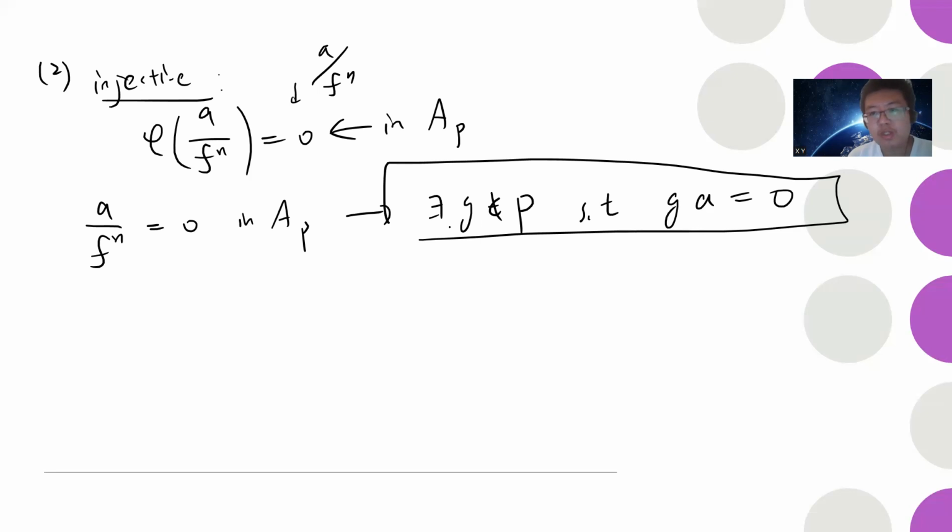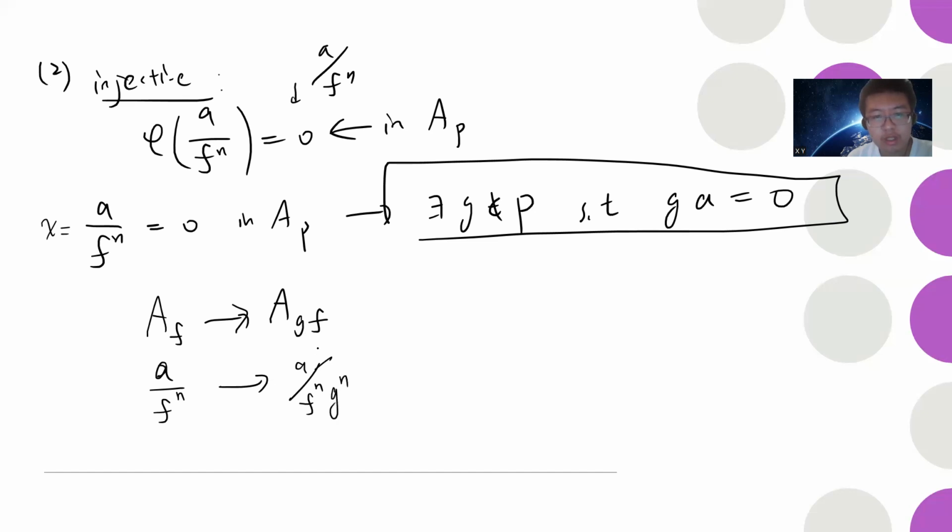But if this is true, then what you're saying is the following: in a colimit, you can make a map from A_f to A_gf by sending each element a divided by f^n to the same thing, but you need to write it as gf, so you can just take g^n and g^n. And this is well defined.